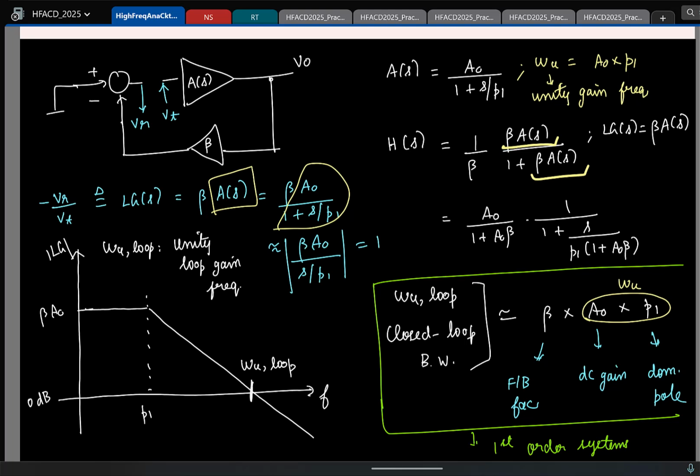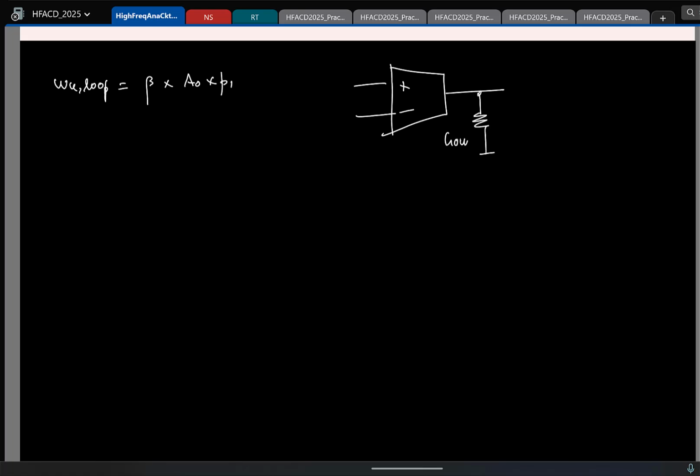Great. So now we know the omega u loop. Omega u loop is beta times A naught times P1. And if this is our single stage OTA, let me quickly draw this. This is the output conductance and the load capacitance. This is GM.